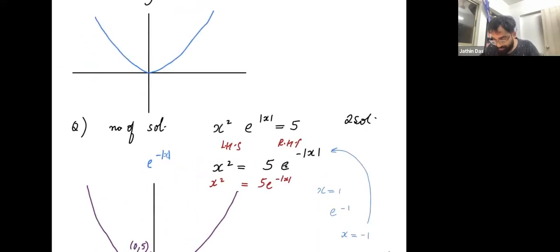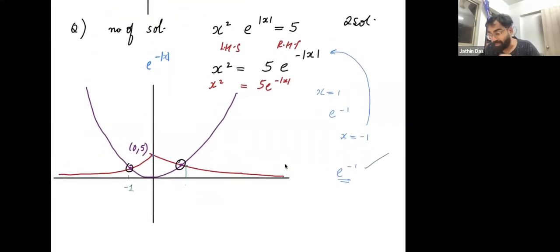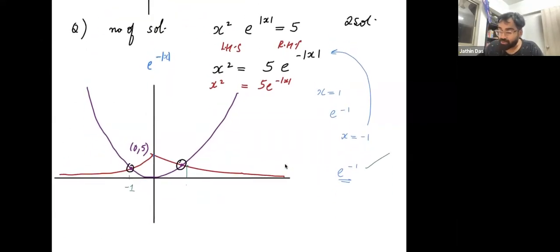4 sin x is equal to 3x. This is a question and they're asking the number of solutions. And they can give an inequality also. But here we'll have to solve for it, since the solution is hard here. Instead of equal to, they'll put a greater than or equal to sign.